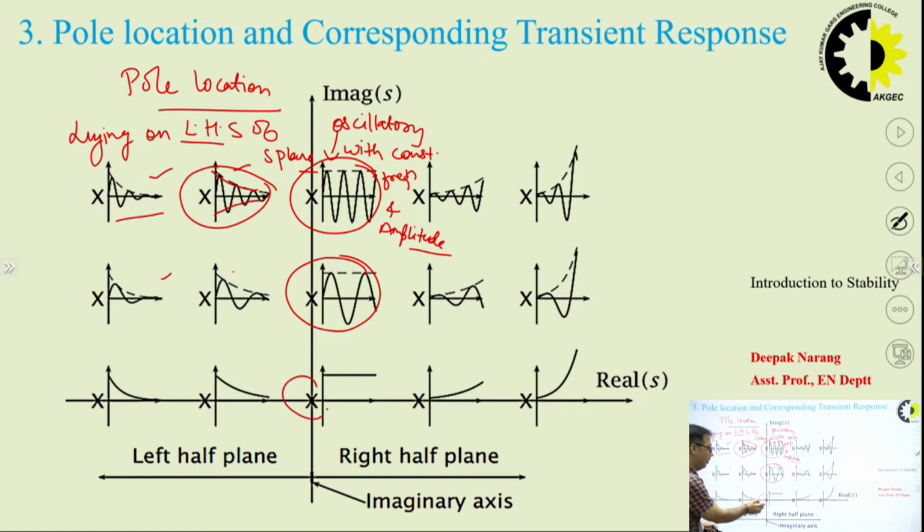Here, when the pole is at the origin, we can see no frequency, so we get a DC response.